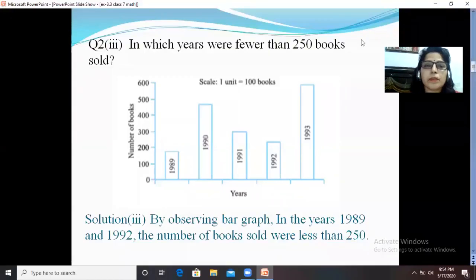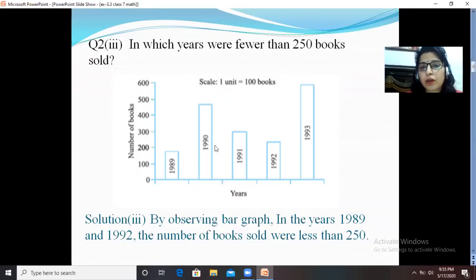You see question number 2 part 3, in which year were fewer than 250 books sold? So here the same graph is here and we have to find out in which year the number of books sold was less than 250. So here you can see this must be 250.